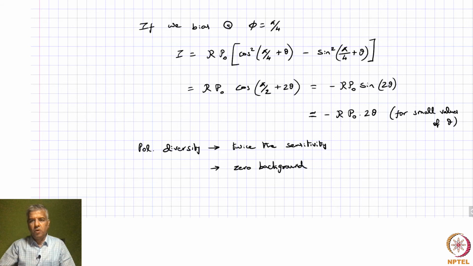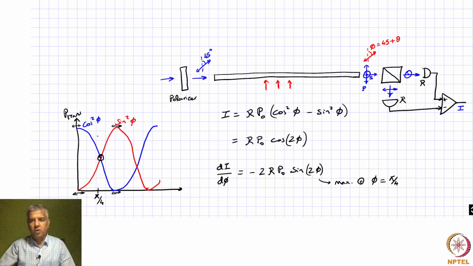So what do we mean by that? In the single-port scenario, if you are biased over there, you have a very large power that you are measuring, and within that large power you are trying to look at very small changes. That large power can give you a significant amount of shot noise.